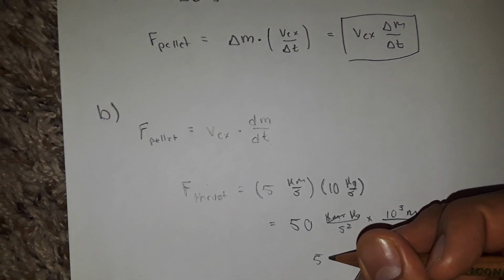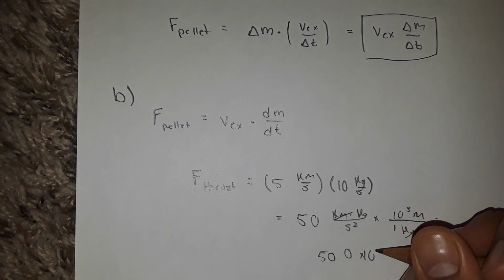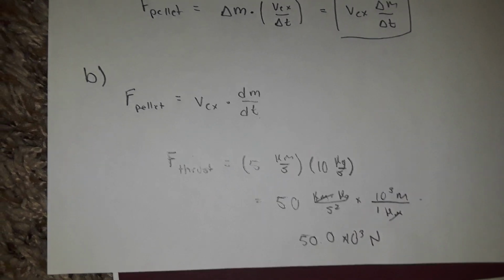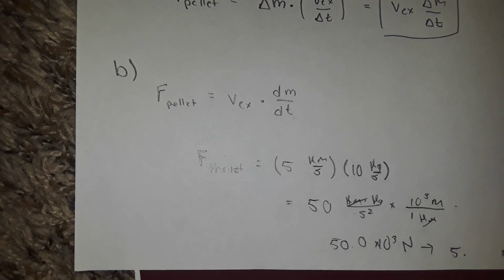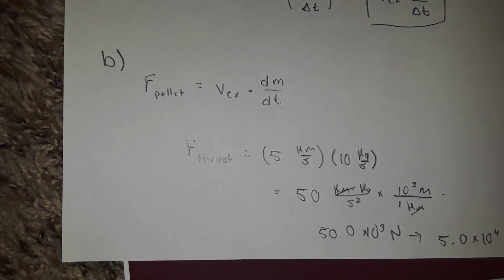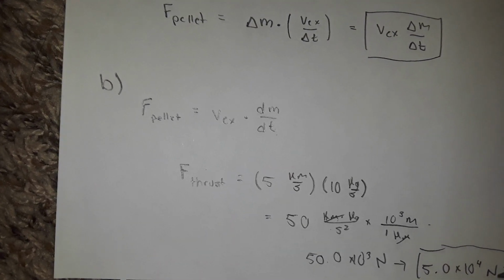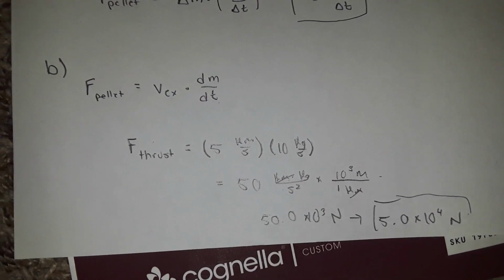So we have 50 times 10 to the 3 newtons in this case. But for keeping our sig figs, we're going to put 5.0 times 10 to the 4 newtons. And this is the force of thrust. Well, that's a lot.